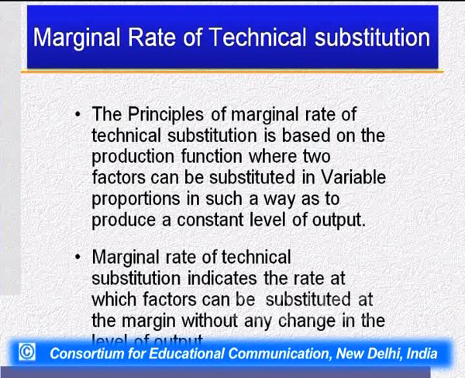Now, suppose I increase the labor input, then we have to decrease the other factor of production, say capital, to keep the output the same. What is the meaning of the marginal rate of technical substitution?